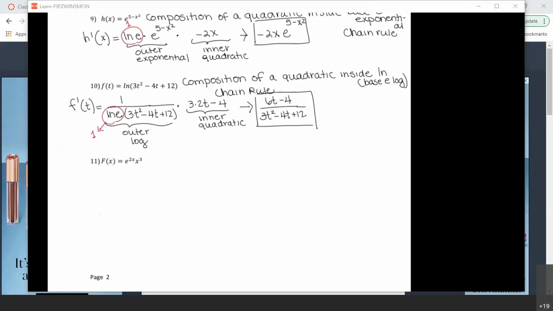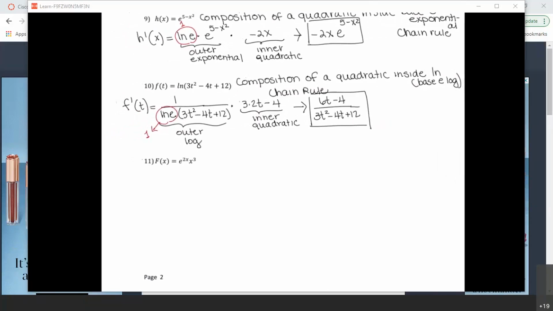Okay. Seeing a product of an exponential and a cubic, yes. Okay, so good for you. You're all seeing a product. That's wonderful. Okay, so product.